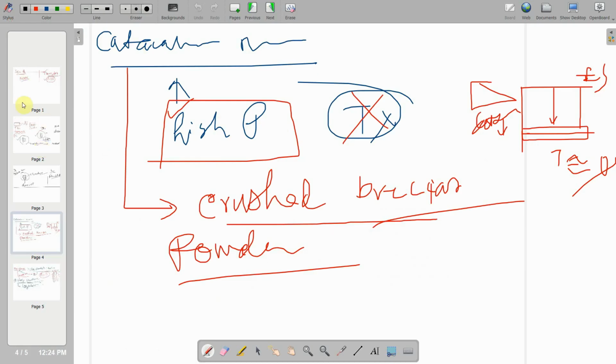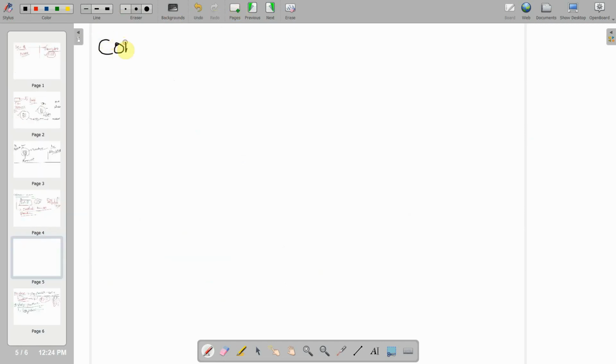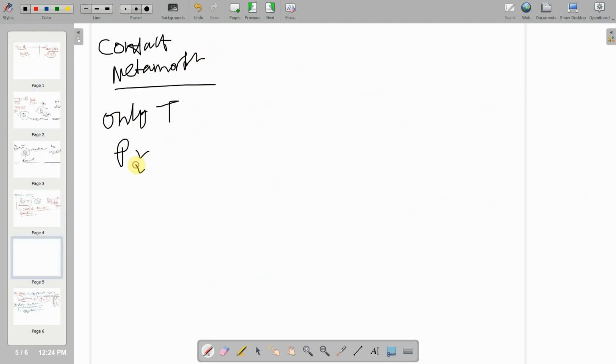First you understand this part. In the case of contact metamorphism, I am talking about the metamorphism type, only temperature is working. The contribution of pressure is almost zero.